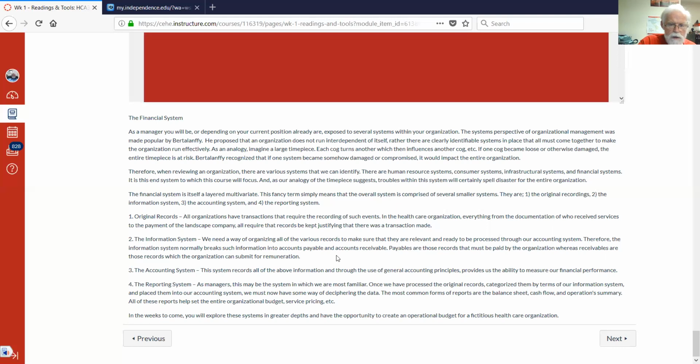So the information system needs to record all of that, and breaks it down, generally speaking, like a bookkeeping system. And you've been through this with your accounting classes: accounts payable, accounts receivable.